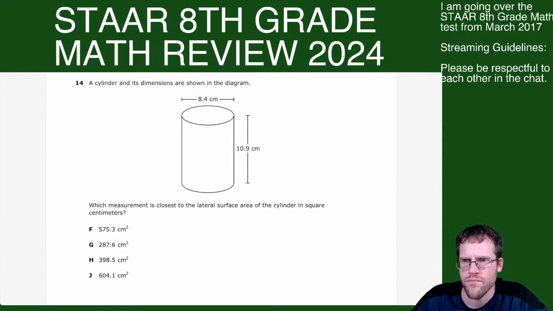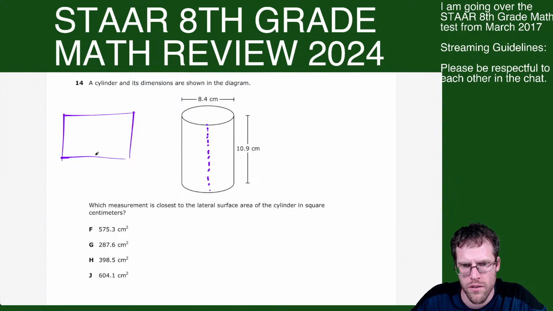Okay, next one, lateral surface area. I imagine we have a scissor and we cut the cylinder open. It's going to form a rectangle. The formula could be on the reference page, but I want you to think about the concept.